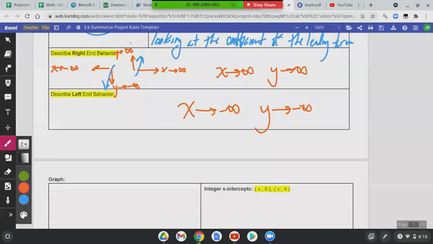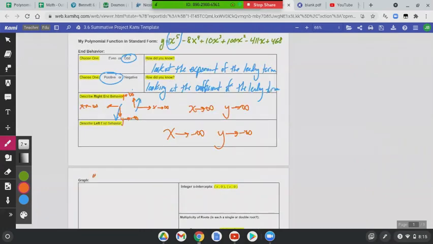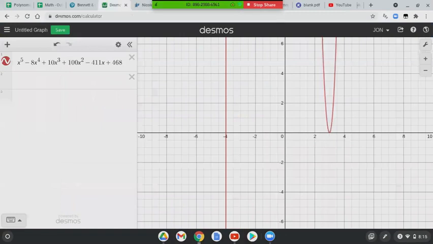And so I'll just recopy my equation. Oh, I've already entered this in, so I don't have to take that time.